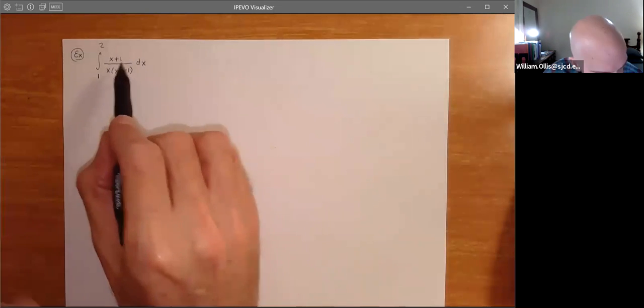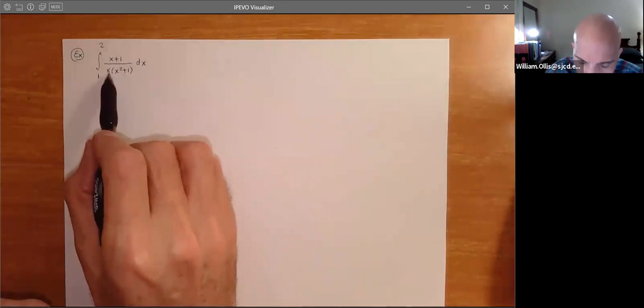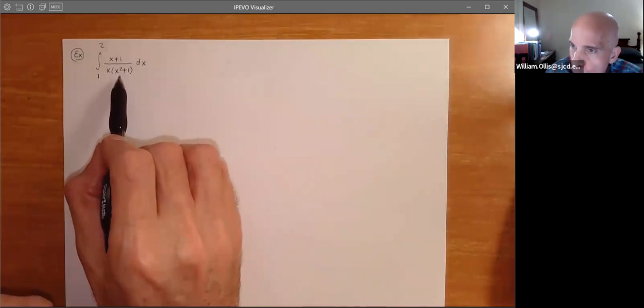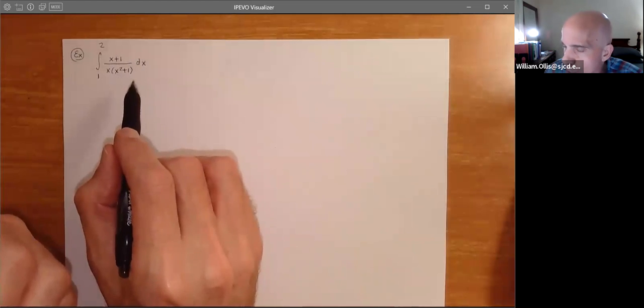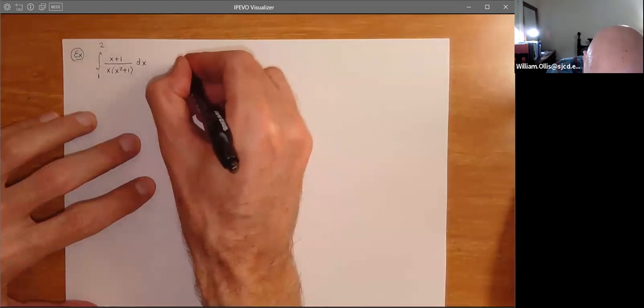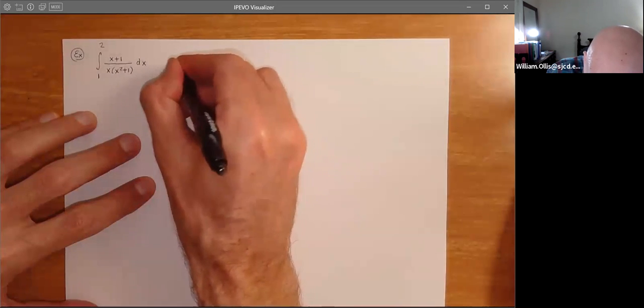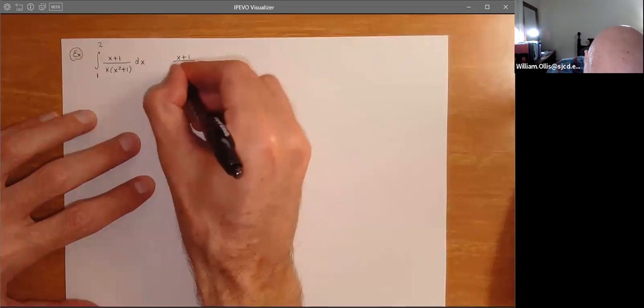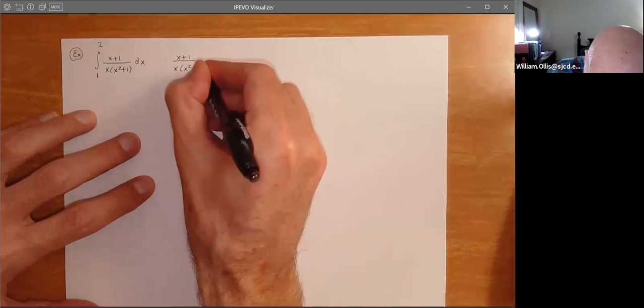So now when we look at this, we have a definite integral and we have a linear factor here and we have an irreducible quadratic, plus or minus i, of course, if we were in a college algebra class. So now what this is going to mean first is that we need to do a decomposition to produce expressions that we can now what?